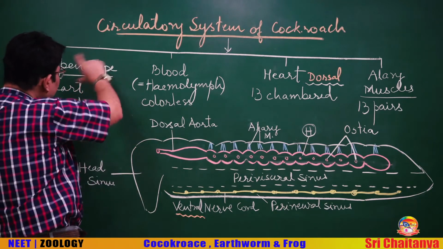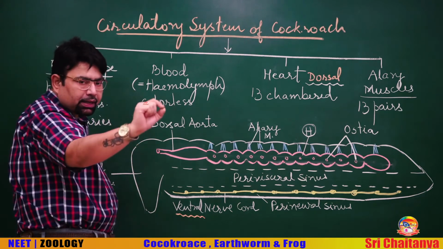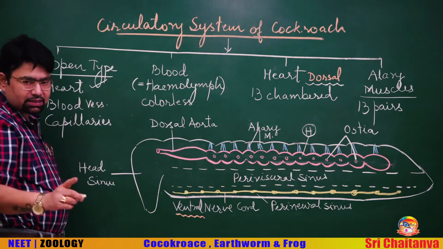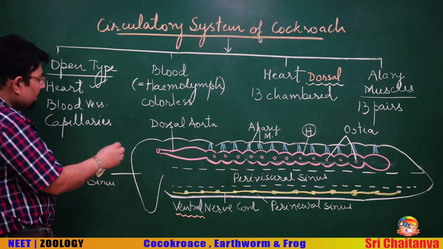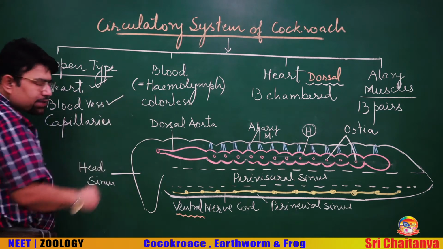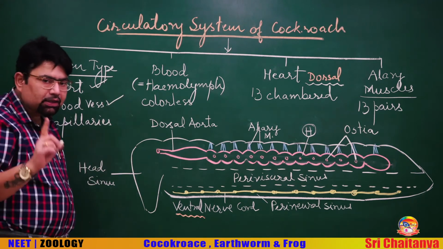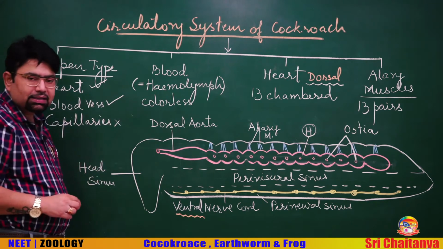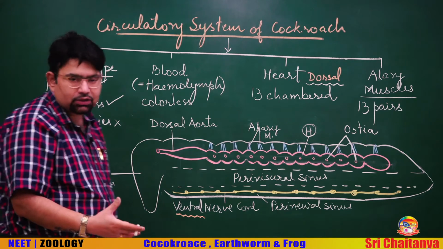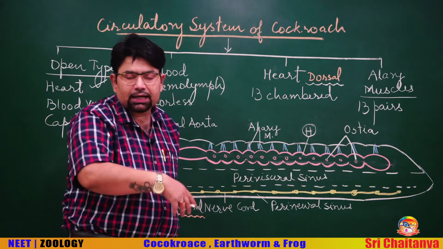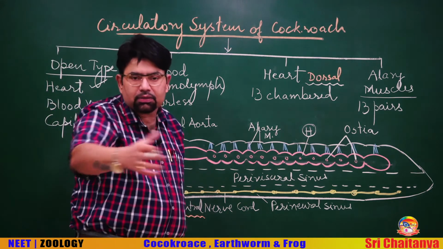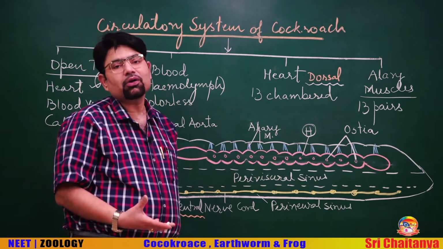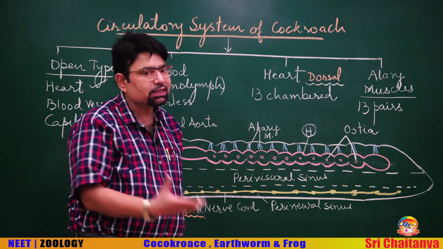It is open type. Open type means the heart is present, blood vessels are not well developed but they are present, but capillaries are absent. This means that the heart pumps the blood into blood vessels and then it pours the blood into the body sinus, the cavity of the body called hemocoel.